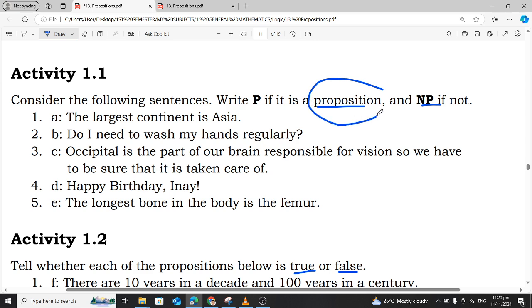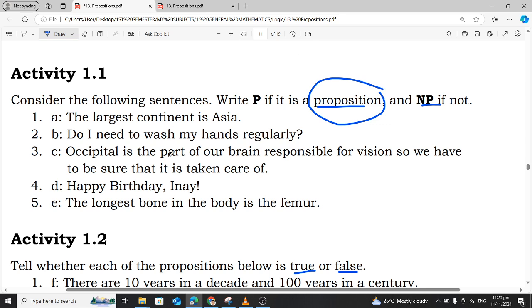It must be a declarative sentence and it has a truth value. It is either true or false. Not necessarily true. A proposition can be false. Again, what is a proposition? A declarative sentence that has a truth value, whether true or false, but not both. That is the condition.